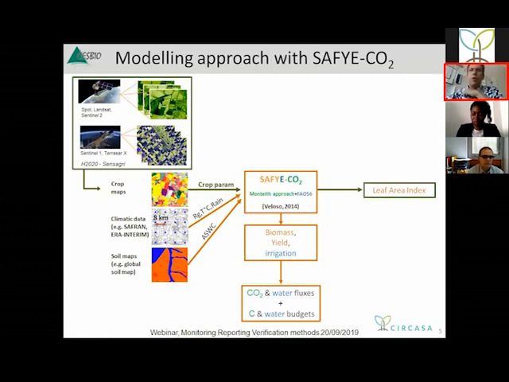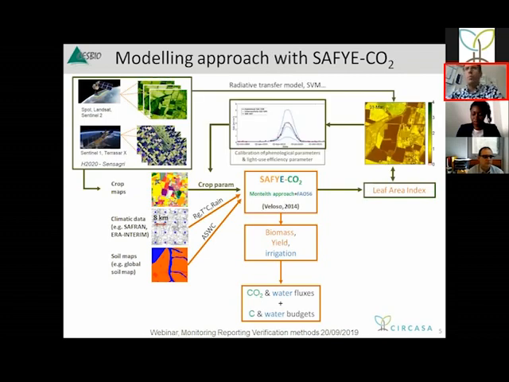But in order to force the model to reproduce properly the development of the crop, we will compare the leaf area index that is observed by satellite with the one that is modeled by the model.